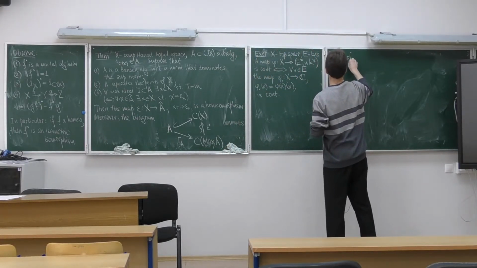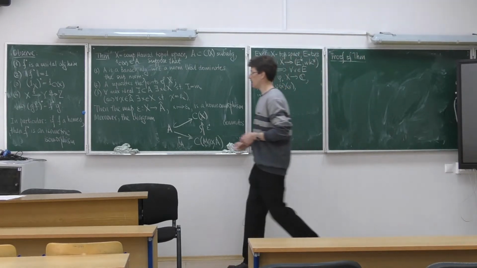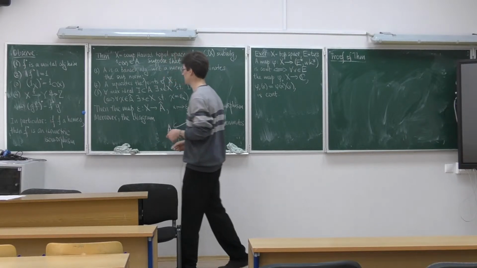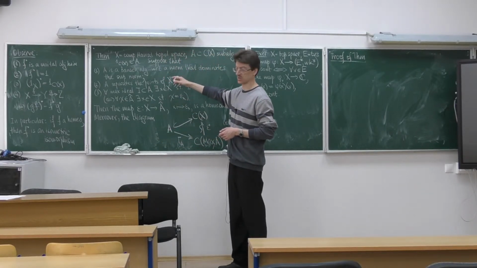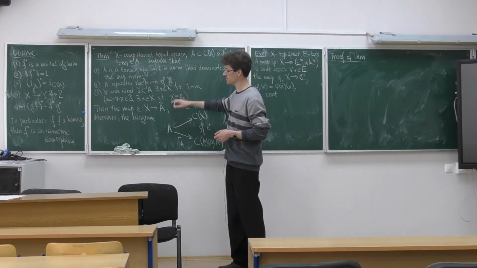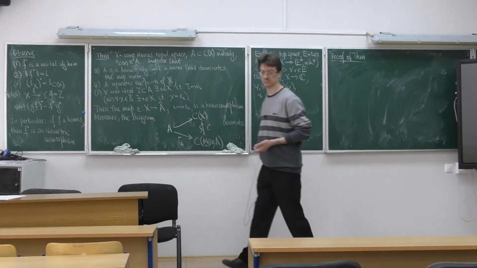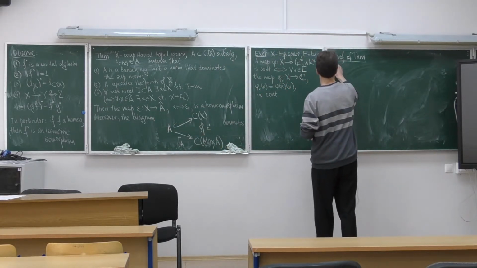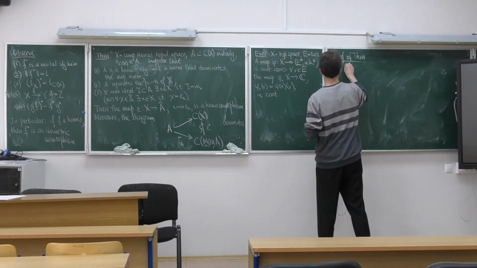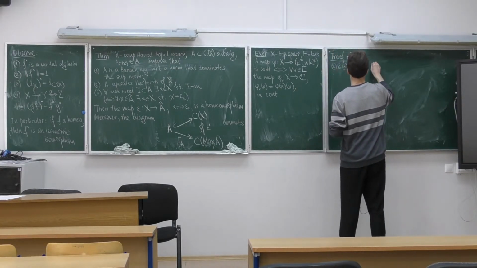Proof of theorem. First of all, if we look at conditions 2 and 3, we see that together they imply that this map epsilon is bijective.